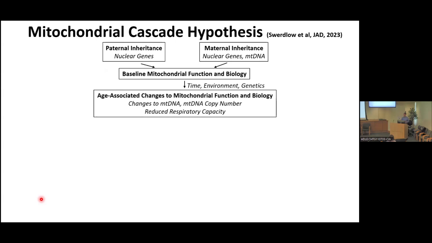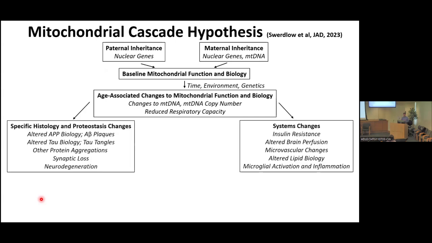And where this hypothesis really begins to deviate from the amyloid hypothesis is that this hypothesis is proposing these age-related mitochondrial changes trigger the proteostasis changes that we see in Alzheimer's, the plaques and the tangles, and the systems changes, some of which I mentioned, like insulin resistance and altered lipid biology and microglial activation.